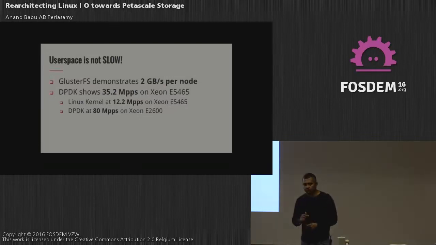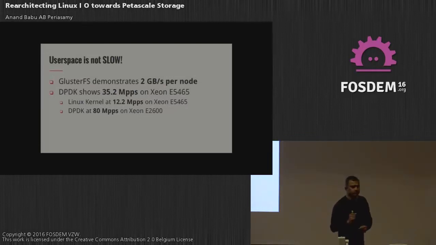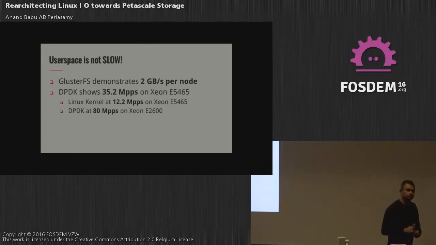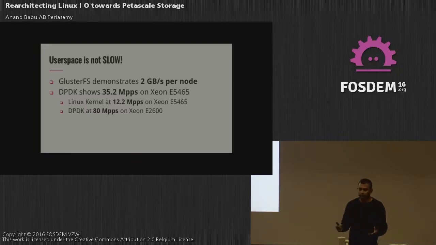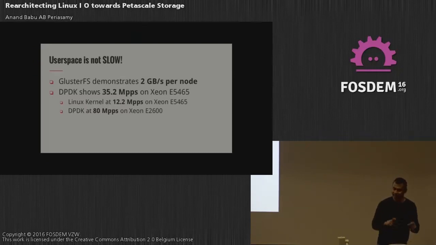The first thing when people think about user space file systems is that they are slow, right? Some of the common things I heard when I did Gluster was it will take 10 years to get POSIX right, and there are already other file systems like Lustre, L-U-S-T-R-E, that would be way ahead of you in 10 years.